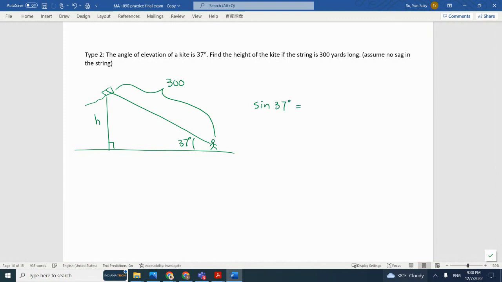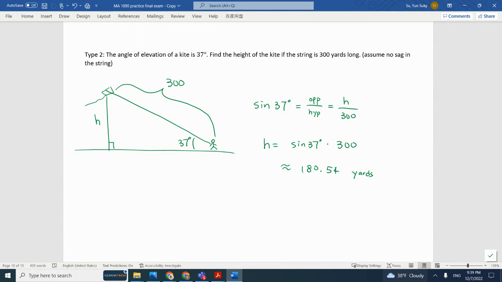Sine 37 degrees is opposite over hypotenuse. Opposite is h, hypotenuse is 300. Therefore, h equals sine 37 degrees times 300. Then you can plug it into your calculator. That is 180.54 yards.